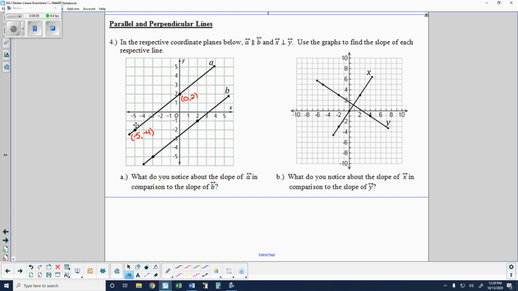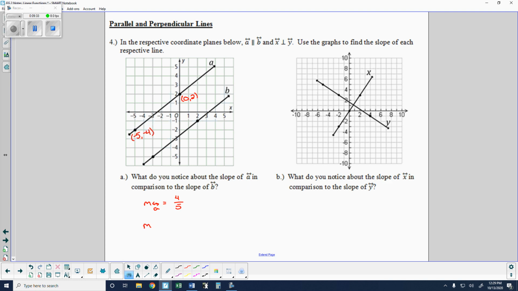So this would be up 1, 2, 3, 4 over 1, 2, 3, 4, 5. So the slope for line A, actually I'll write it down under problem A. The slope for line A is 4/5.